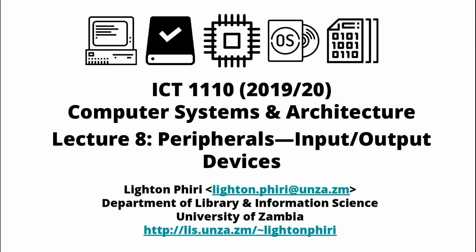Lecture series number 8 focuses on the auxiliary devices, or input-output devices, that are used to elicit input from end users, and also devices that are used to provide output to end users.